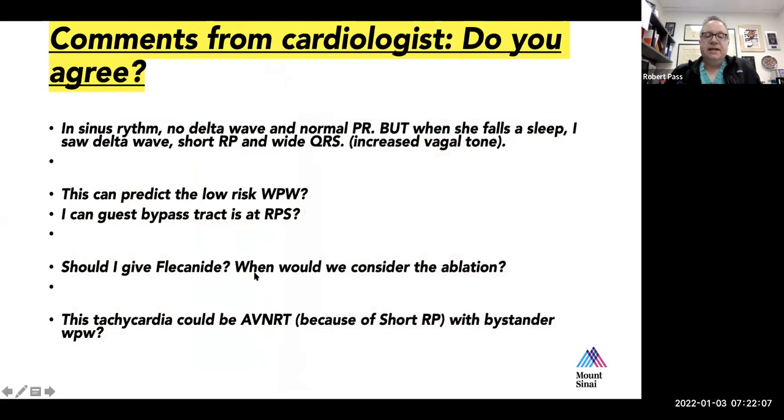Should I give flecainide? And when would we consider ablation? The first question, should I give flecainide? Certainly, flecainide would be a reasonable agent to give to a patient with WPW. What would be the advantages of flecainide, do you think, David?